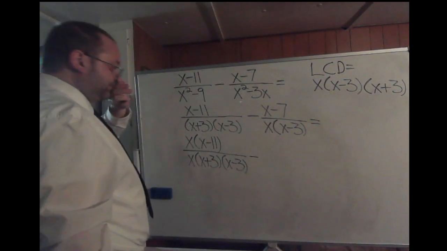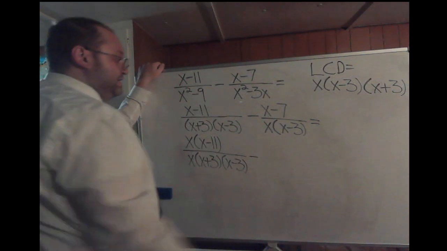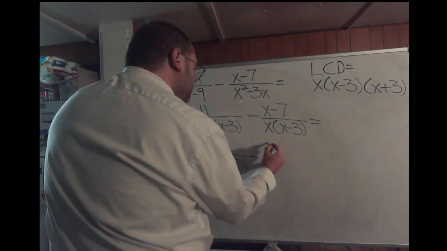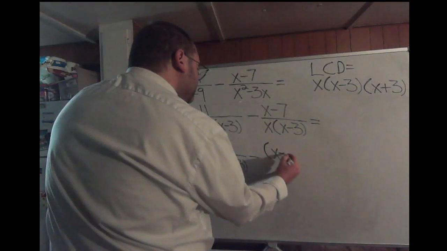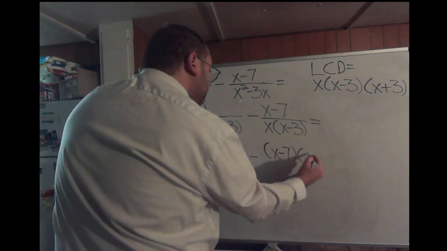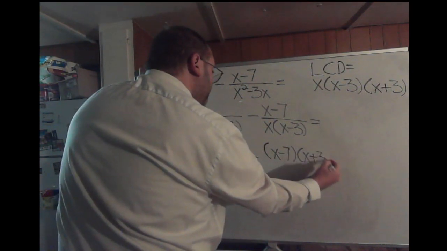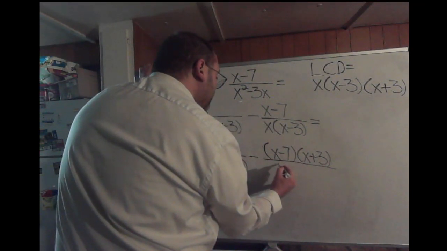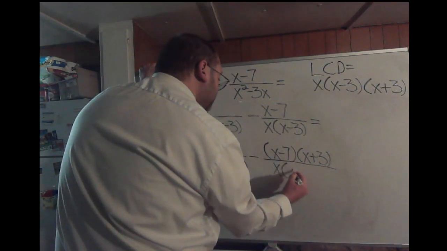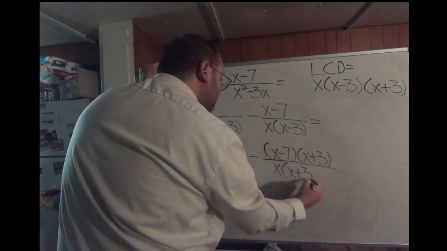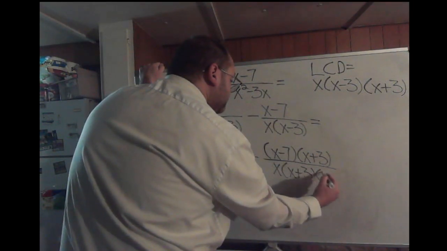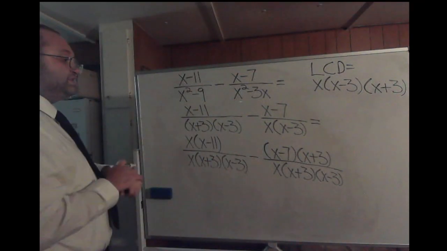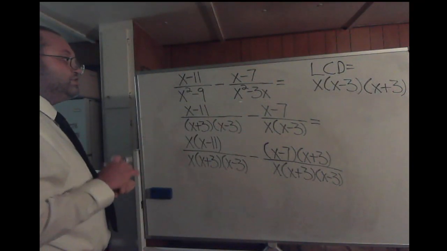Now, you need to take your x times x minus 3, multiply that by x plus 3. So you'll take your x minus 7, multiply that times x plus 3 also. You'll end up getting x times x plus 3 times x minus 3. Alright, now that we have the same denominator, we can go ahead and do the math here.